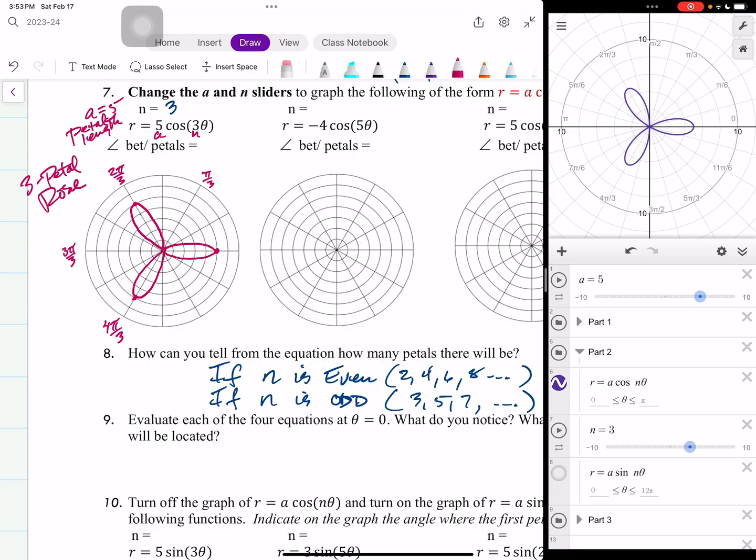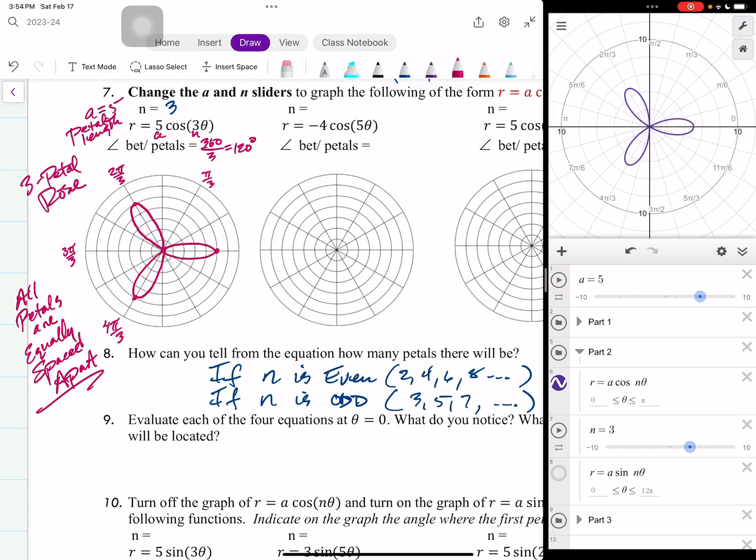And what's the angle between petals? Well, all petals are equally spaced apart. If you know that, which now you do, we take 360, or you can take 2 pi, divided by 3, and they're 120 degrees apart.